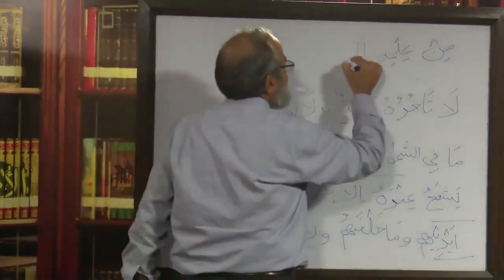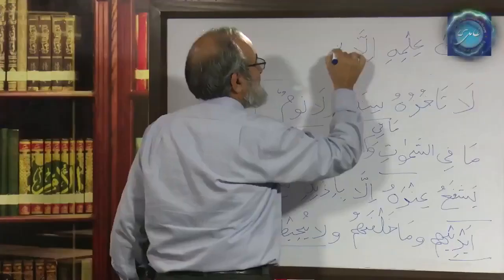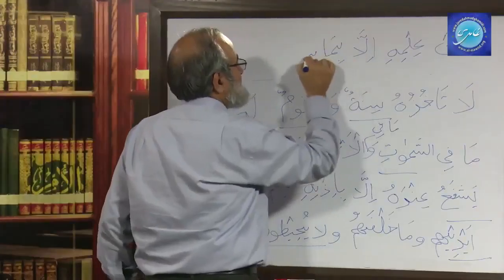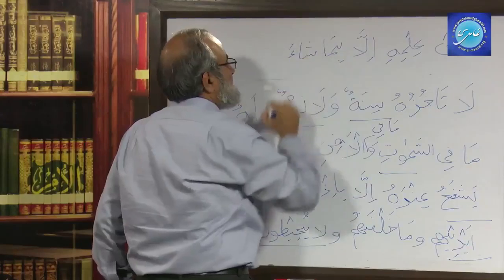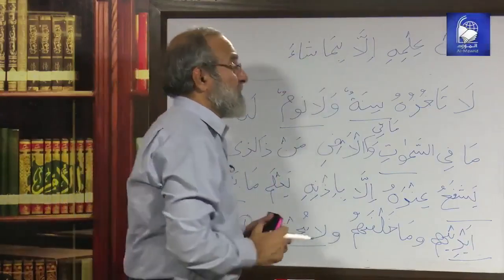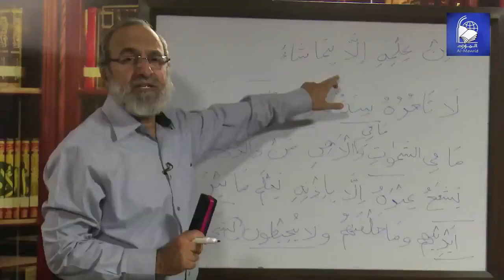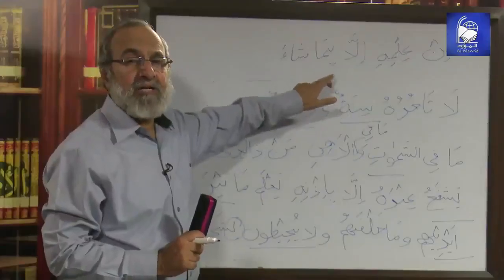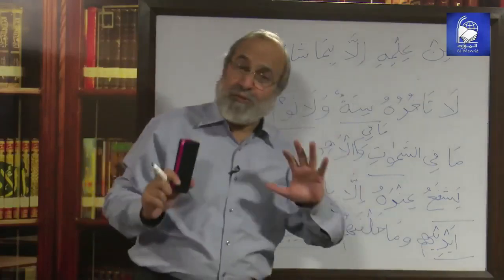Illa bima sha'a, except for what he would desire, he would permit. Now bi again is a harf jar, and is not giving ma any jar. Why? There's something we're going to talk about later.